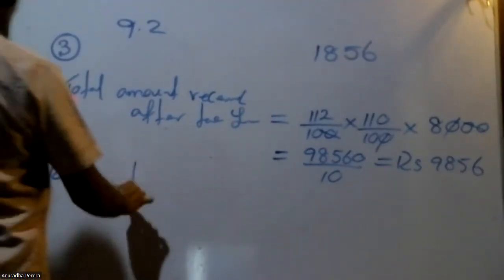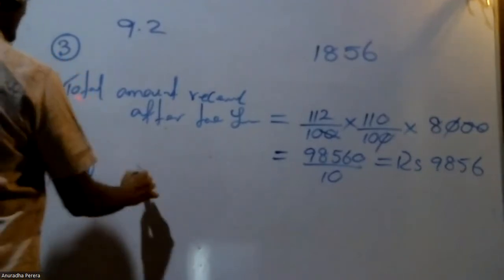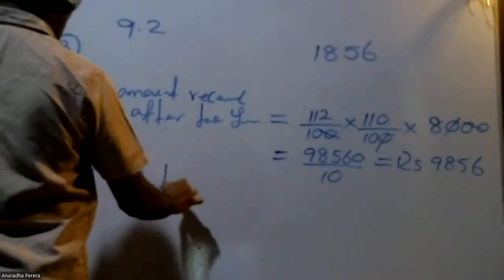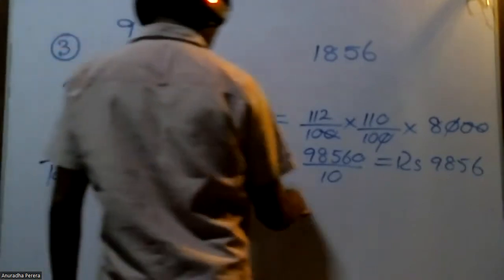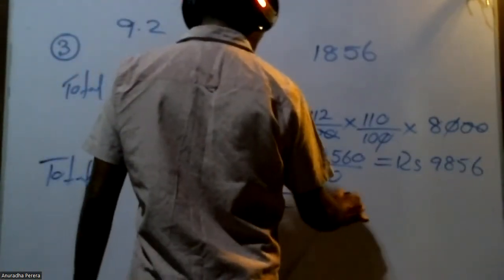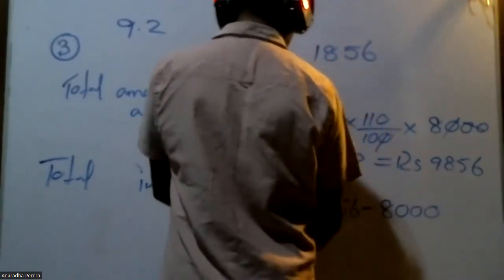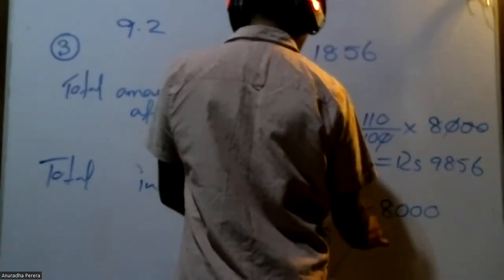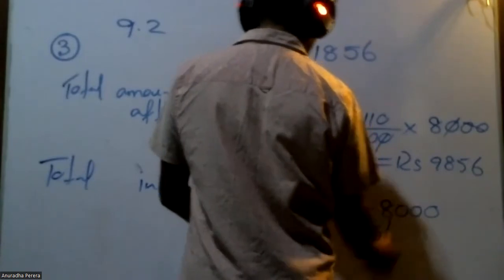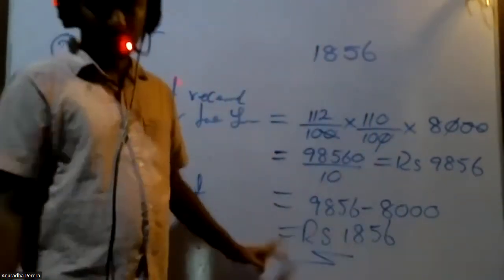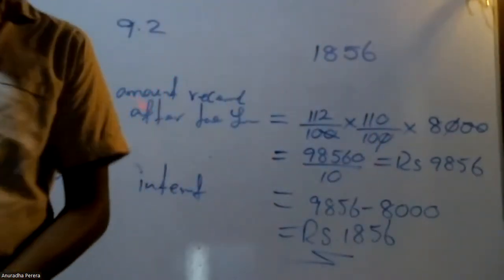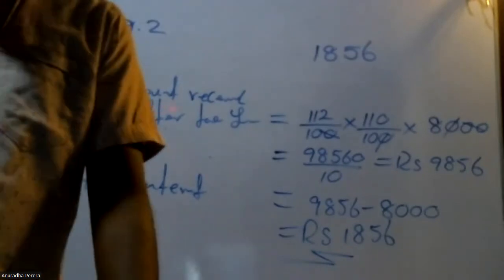To find the total interest, subtract the loan amount 8,000. Yes, this answer is correct. Very good. Okay, let's leave the rest for you to do at home.